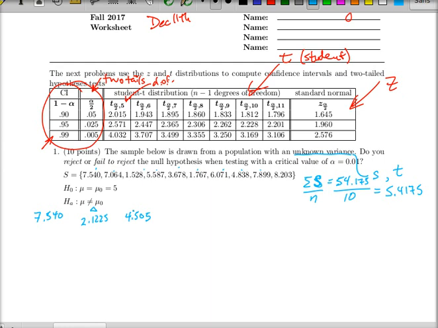Okay. 7.064 minus the 5.4175 gives me 1.6465. Square that, I got 2.711. Add that to the memory.